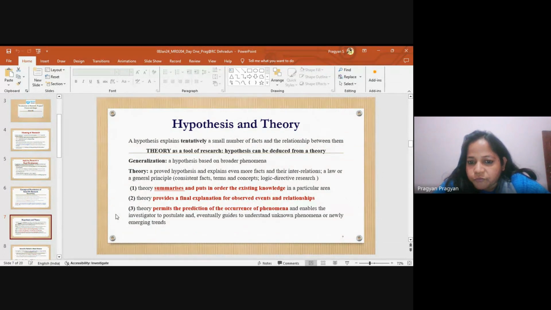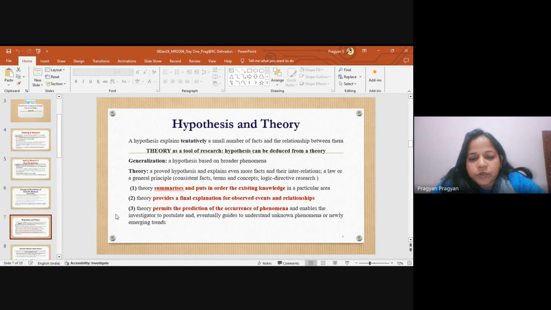This is a kind of observation of an event or a particular relationship between various variables. So theory provides a final explanation, while hypothesis is a tentative explanation which is falsifiable. That means again it can be right and it can be wrong.